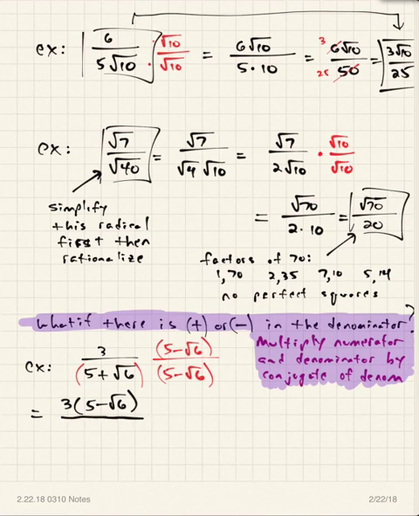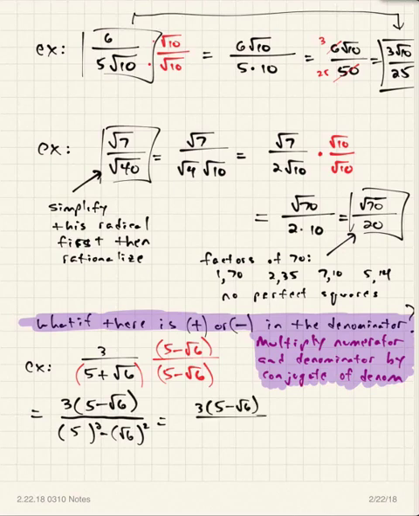In the denominator, remember how conjugates multiply. It's a square minus a square. And in this case, it would be 5 squared and the square root of 6 squared. Right, and so in the numerator, you just have 3 times 5 minus the square root of 6.